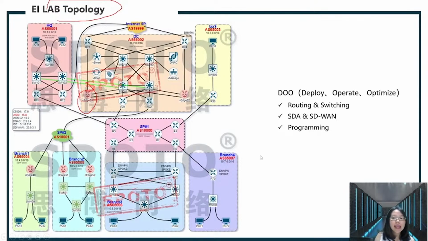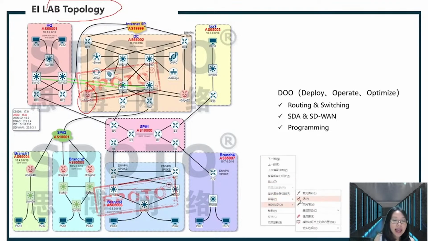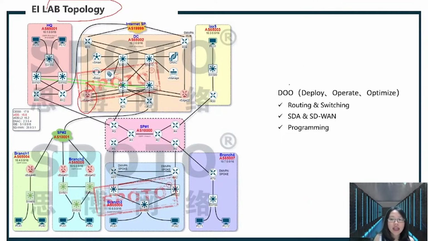The CCIE EI lab examines the candidate's deploy, operate, and optimize capabilities, referred to as DOO, which is mainly configured from routing, switching, SDA, SD-WAN, and programming. So it's HQ, DC, IaaS, service provider 1, and SP2. These are four branches.